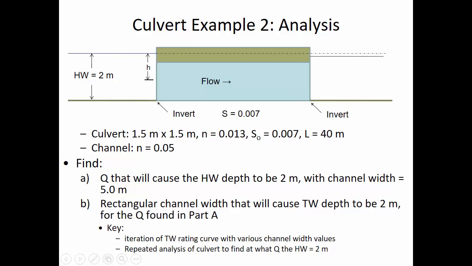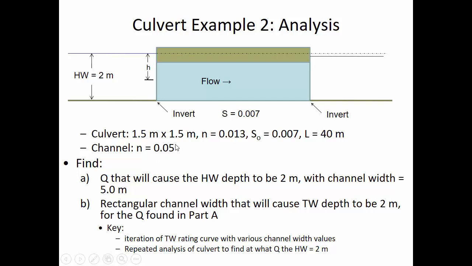So let's just say, for instance, if this invert elevation is 100 meters, we're going to have to calculate the downstream invert elevation based on a length of 40 meters and this slope. And then the downstream channel roughness is 0.05.